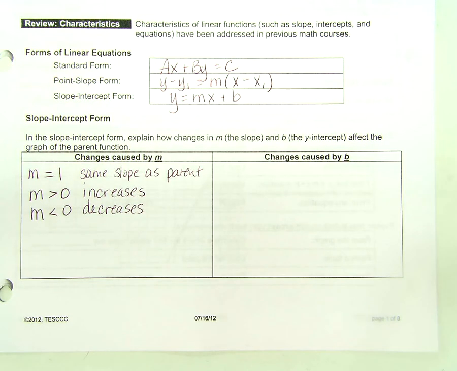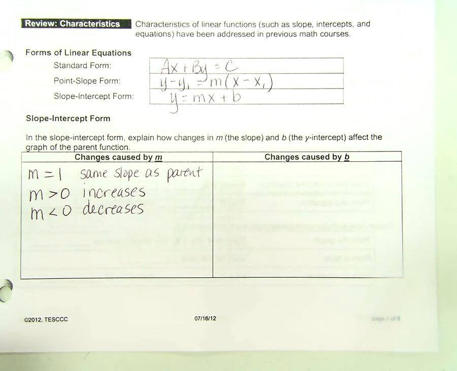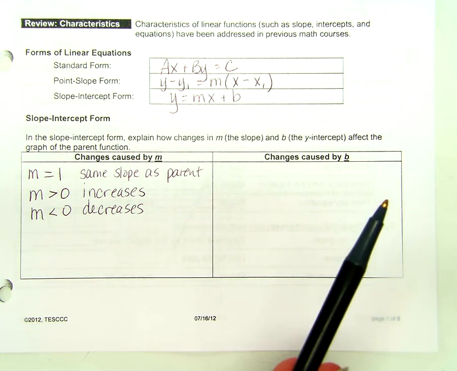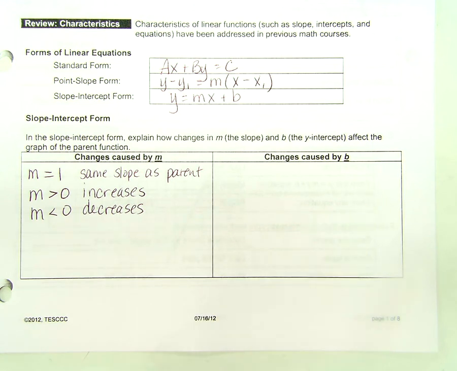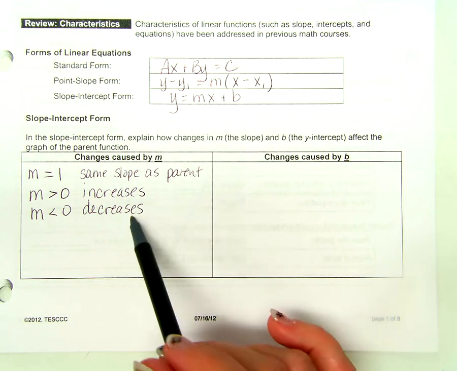Now let's get a little pickier. Do we need to say increases from left to right or decreases from left to right? We said that when we were coming up with these words, but we didn't write it down. Are you okay knowing it's from left to right, or do you need to write it down? You're good? If you need to write it down, go ahead and write down increases from left to right, decreases from left to right.